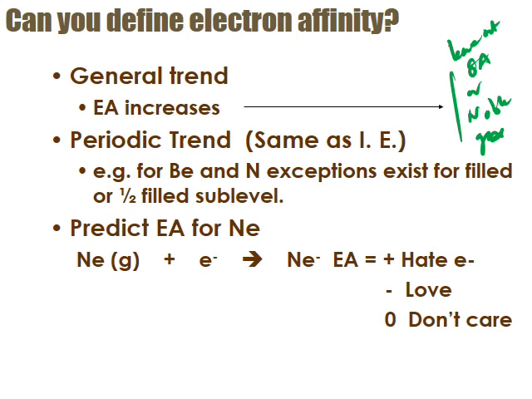Now, within the trend from left to right, there are some exceptions based on half-filled or completely filled subshells, similar to what I discussed in the case of ionization energy. So beryllium has its 2s shell filled and nitrogen has a half-filled p subshell. So keep that in mind.